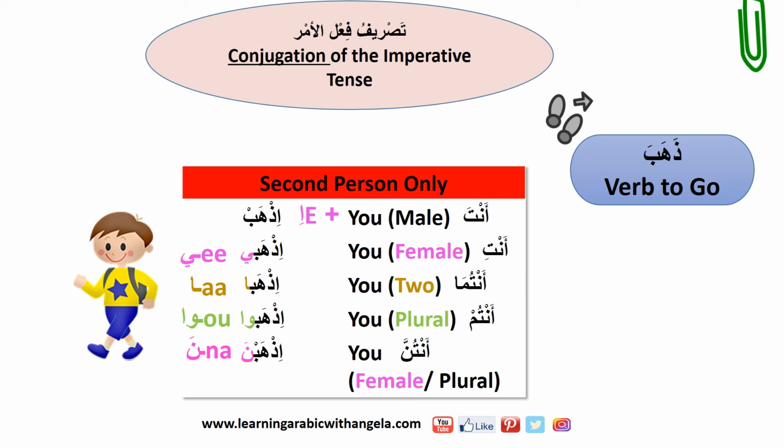Notice in these three cases we omitted the noon, and the corresponding vowel for the letter ha depends on the pronoun that it's attaching to. So اذهبي, the ha has a kasra, so it can join nicely with the ya. And اذهبا, the ha has a fatha, so it can join nicely with the alif. And اذهبوا, the ha has a dhamma, so it can join nicely with the waw alif at the end. And أنتن, اذهبن, we use a sukoon on the ha because it attached to the noon of the plural feminine.